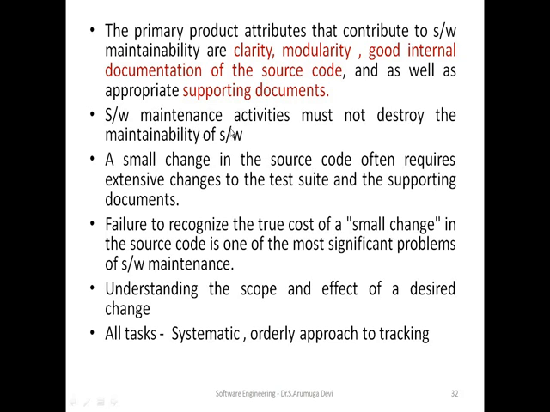Software maintenance activities must not destroy the maintainability of the software. When you do maintenance, it must not destroy the already working product. For example, changes in one place should not affect the existing things.